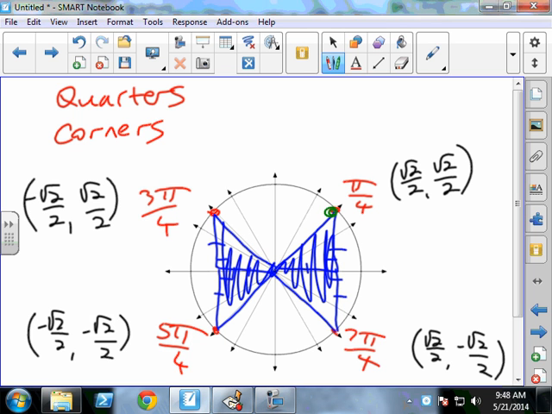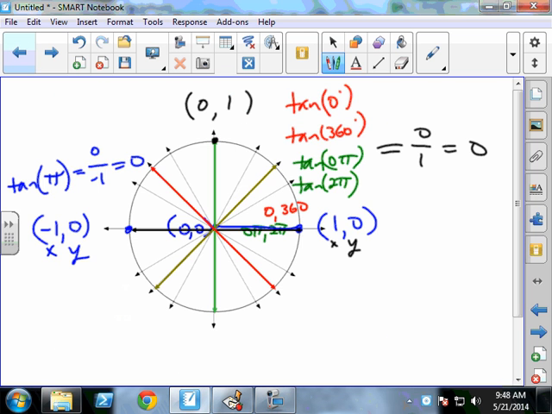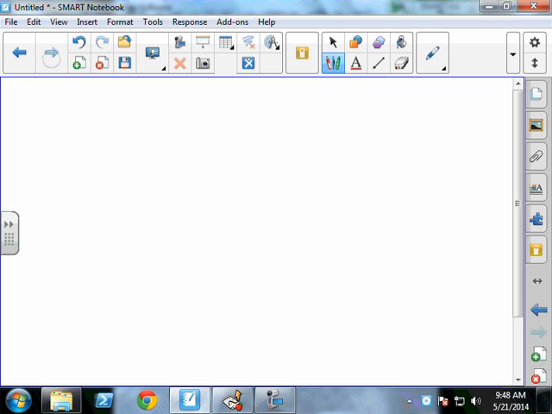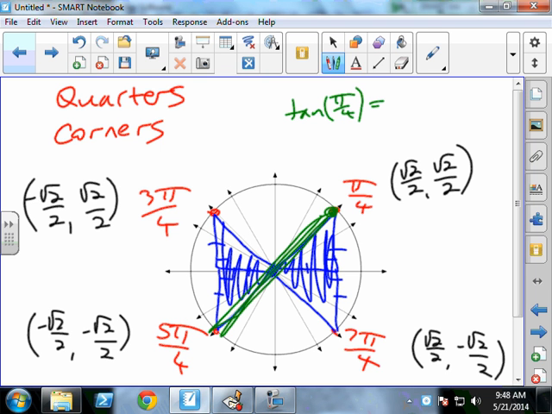So let's look at the ones 180 out from each other, and let's find those tangents. The tangent of pi over 4, remember tangent is y over x. Here's x, here's y. So it's rad 2 over 2 over rad 2 over 2, and something divided by itself is 1.